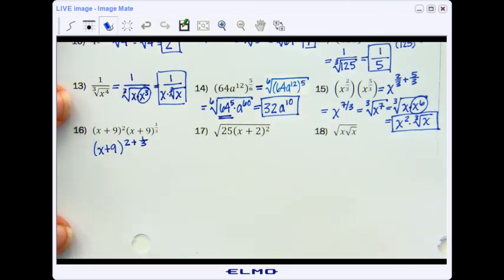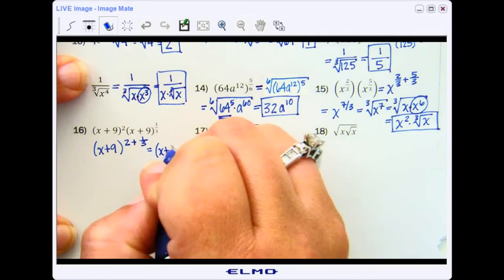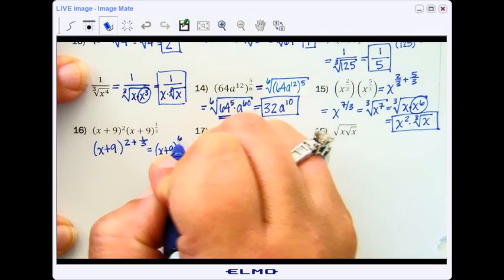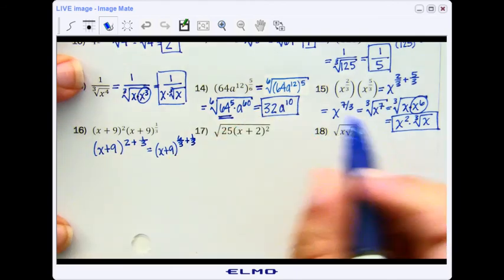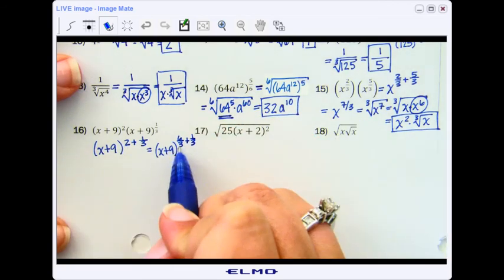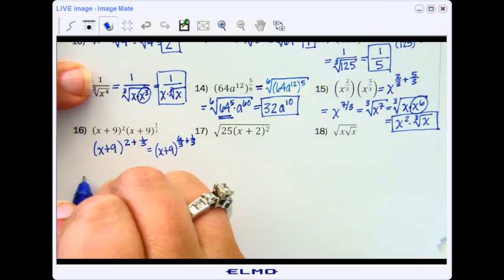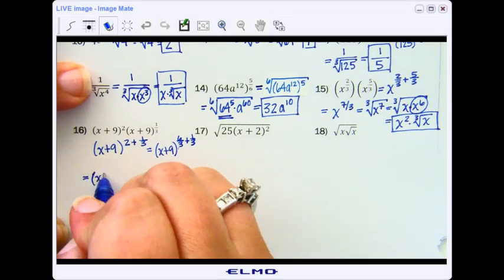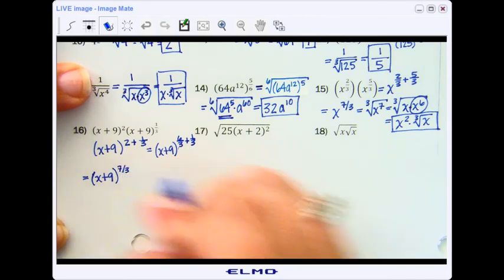In order to add two fractions, you have to have a common denominator. So this is going to become x plus 9 to the 6/3 power plus 1/3 power, where I make the 2 into 6/3. When I add those two exponents together, this gives me x plus 9 to the 7/3 power.